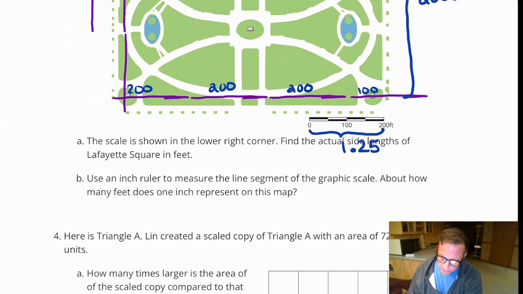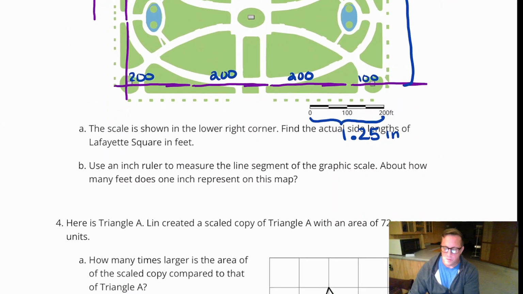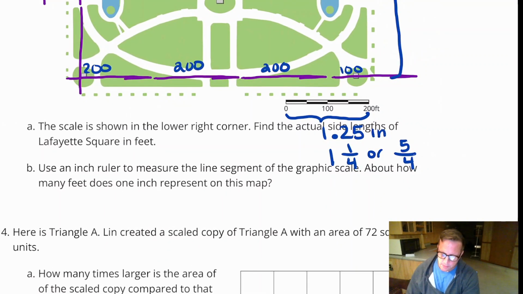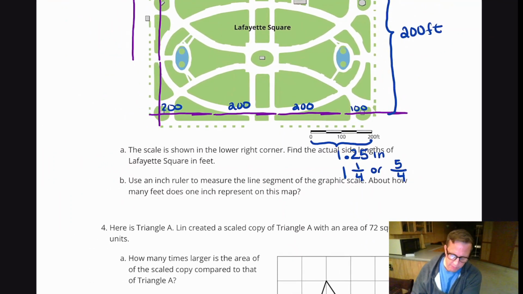Which is 1.25 inches. Or 5/4. All right, and so now what I can do is I can just take that number and divide it. So I can do 200 divided by 5/4. So I'm going to keep, change, flip.